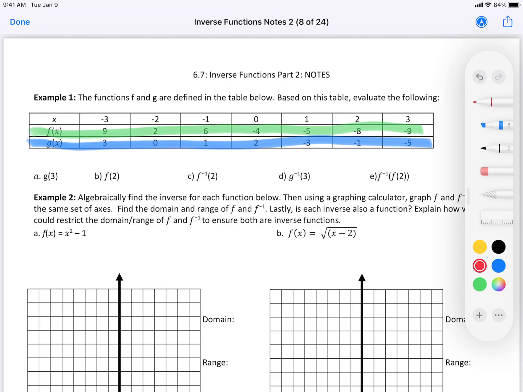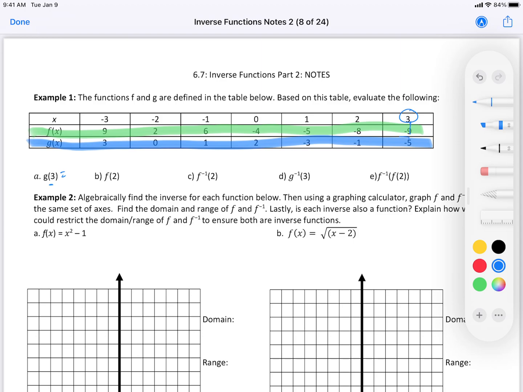For the first part of this, we just want to look at evaluating. For example 1, if I want to find g of 3, I'll use blue, since g is blue. For the input of 3, I go up to my x column, find 3, and tell what the function's output is at 3.